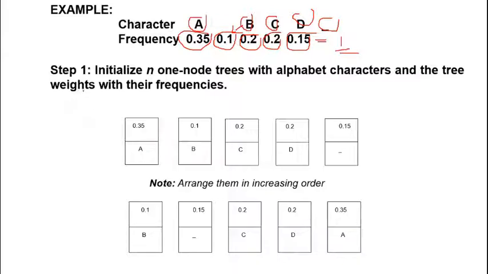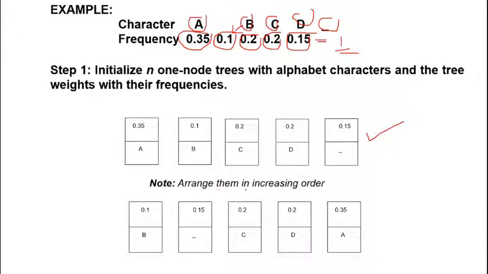Okay, step 1 for the Huffman code: initialize n one-node trees with the alphabet characters, and set the tree weights to their frequencies. So this is the frequency given to us just now: A is 0.35, B is 0.1, C is 0.2, D is 0.2, and underscore is 0.15.